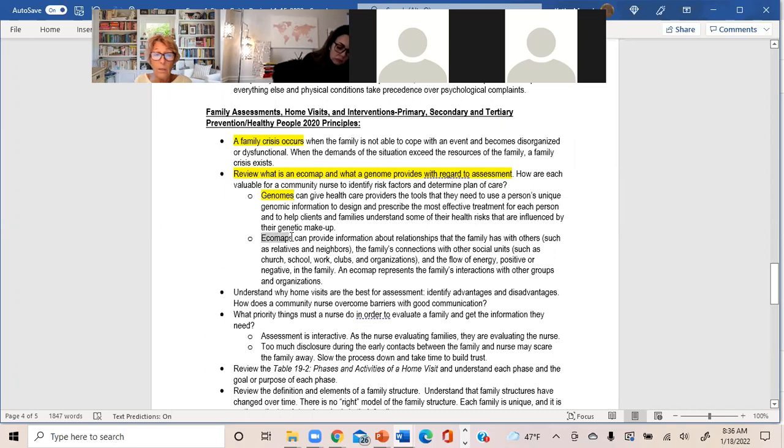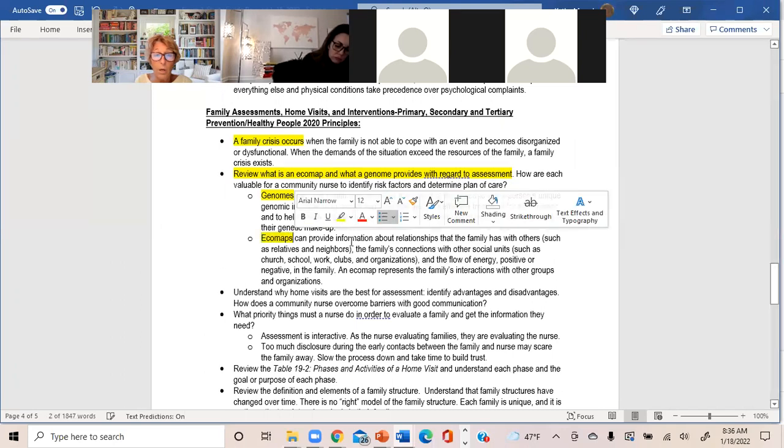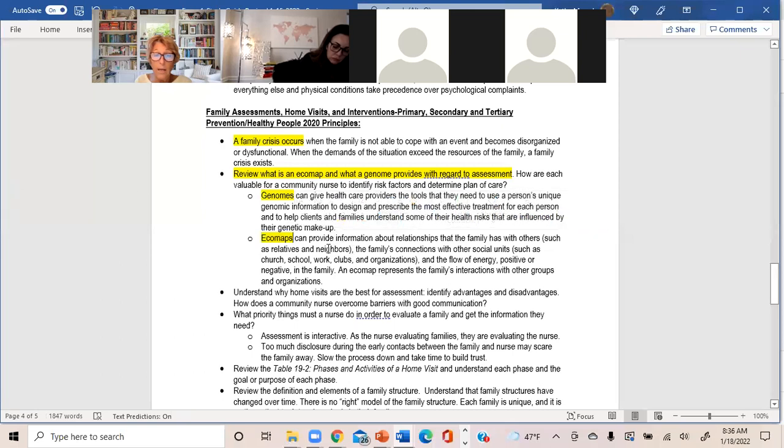And the other one is ecomaps. Ecomaps are current. They provide the social structure. What are the family's relationships with others? Family, neighbors, community. What are their connections?